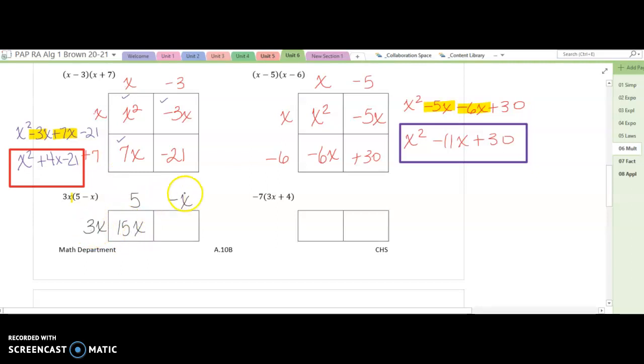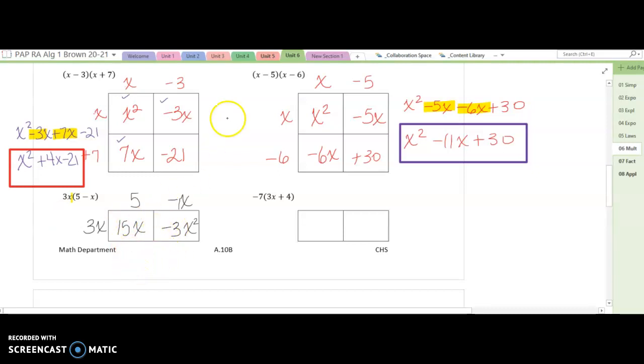And I have a 3 times a negative 1x. So 3 times a negative 1 is a negative 3. And I have an x times x is x squared. Okay. All right, so that's what I have inside my box here.